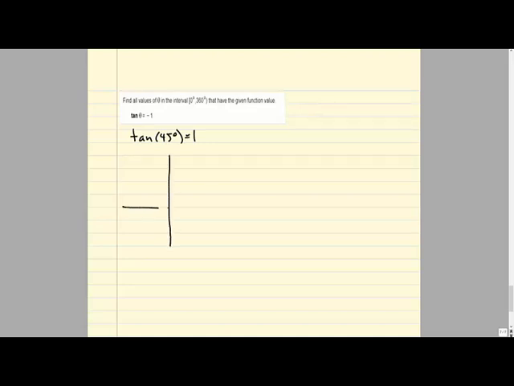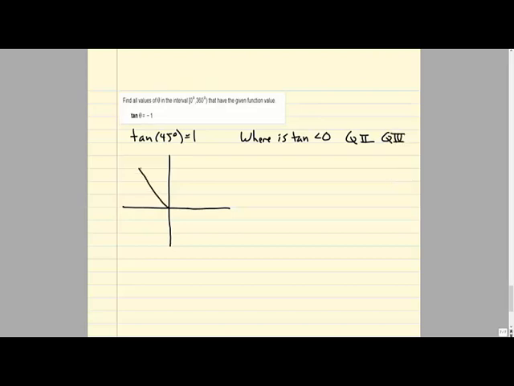So if I sketch this out, I have to think, where is tangent negative? Where is it less than 0? Well, it's going to be where the signs change or alternate. They're not the same. So that's going to be in quadrant 2 and quadrant 4.